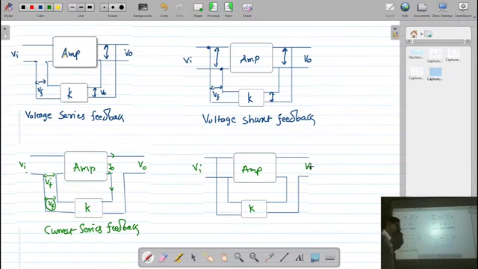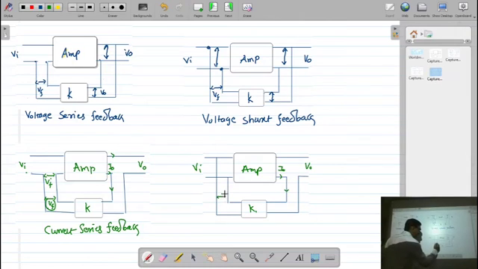Then you can again see that we are not taking the output voltage as a feedback, but whatever the output current is there in the amplifier, this output current is going inside the feedback network, so it is a current feedback.